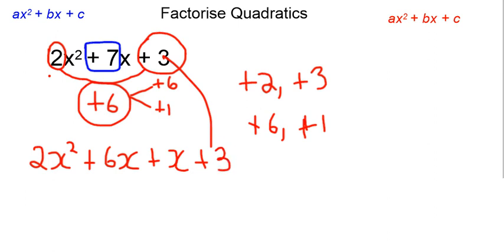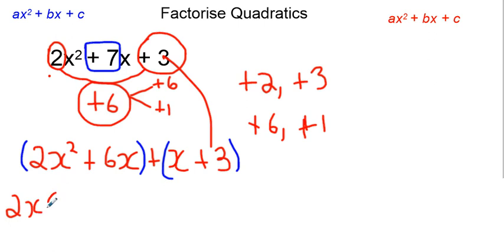Now we're going to mini factorize. We have our mini brackets here so that we can factorize. To factorize this mini bracket, what number is common? Okay, 2 is common. We bring it out. X is also common, so we bring the x out as well.